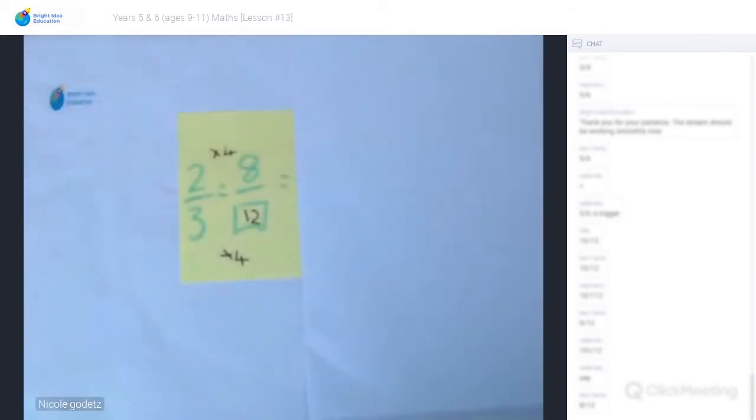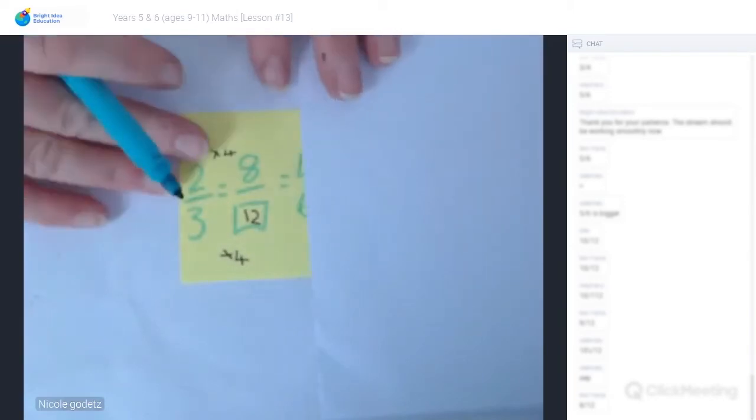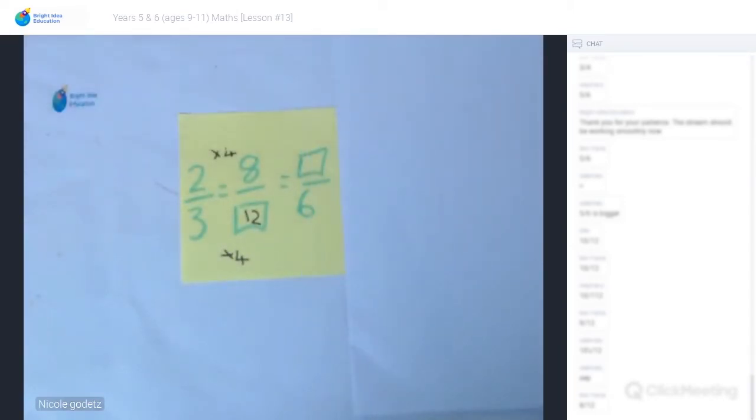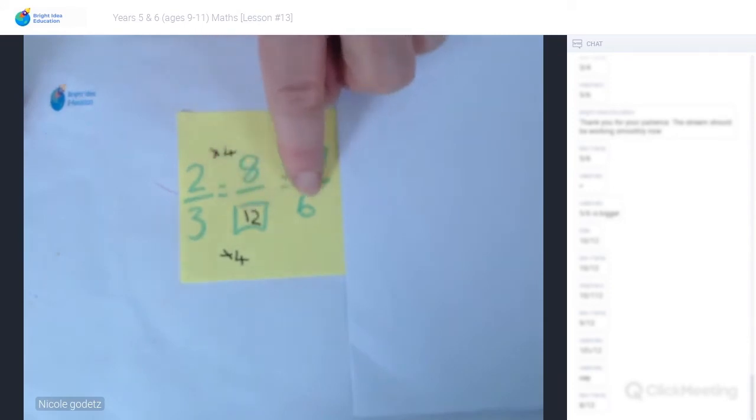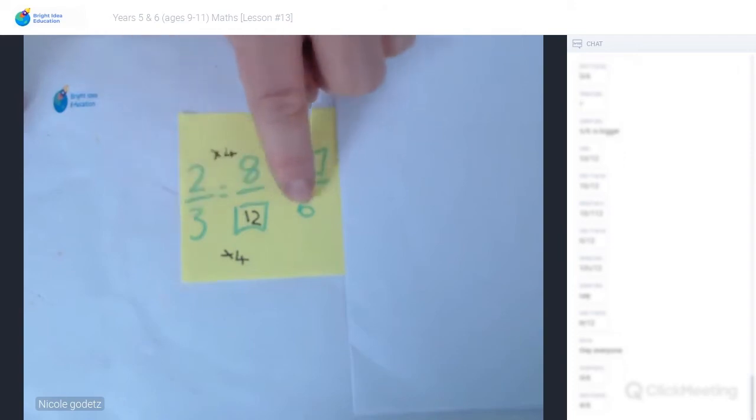So 2/3 is the same as 8/12, which is the same as how many 6ths? Now you can either say what do you have to do to 12 to make it 6, and then do the same, or you can say what you have to do to 3 to make it 6 and then do the same. You can decide.